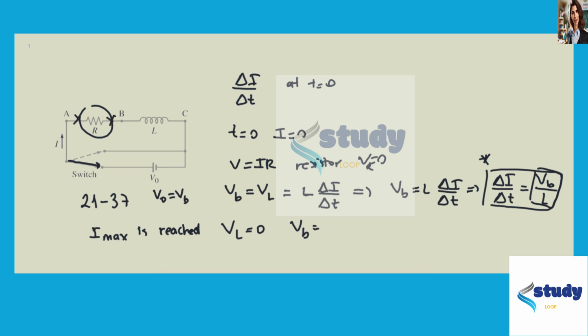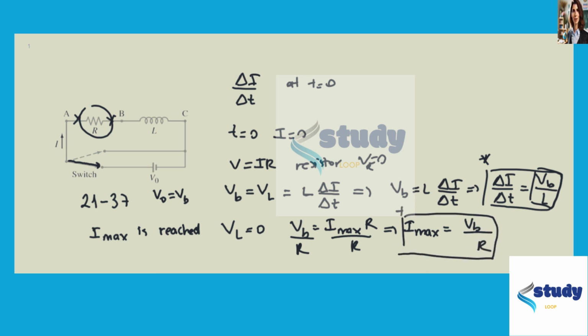From Ohm's law, it's equal to I max, when the current is maximum, times the resistance. If we divide both sides by R, I max is the potential across the battery divided by the resistance. This is another equation that we're going to use.